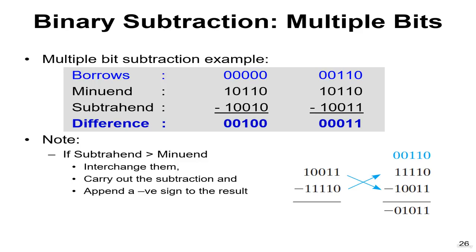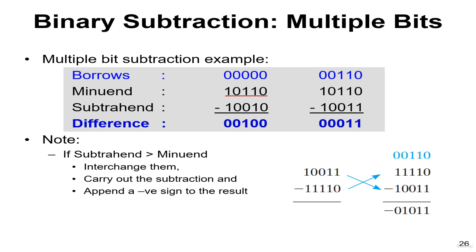In the same way, you can perform binary subtractions. This number is called the subtrahend, and the number from which you are subtracting is called the minuend. If the minuend is greater, then it's okay, there is no problem.